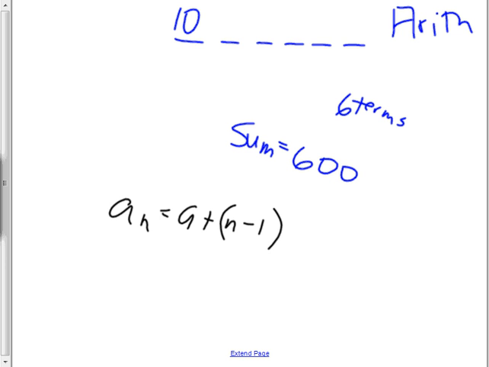If you do this formula, I want to warn you, I know A, I know N, but I'm not going to know the D. I'm not going to be able to find the D from this. I don't think that formula would work for you. Okay, so let's use the other one. Go ahead. What is it?